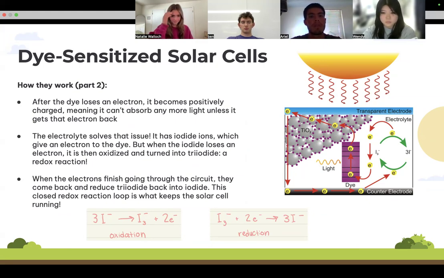I wrote the little oxidation reaction there if you would like to see it spelled out. But then when the electrons finish going through the circuit, they come back and reduce triiodide back into iodide. And so it creates a redox reaction loop, which is actually what keeps the solar cell running.